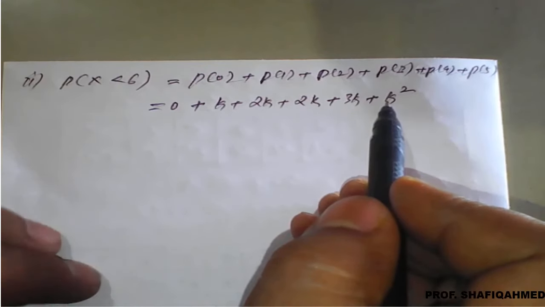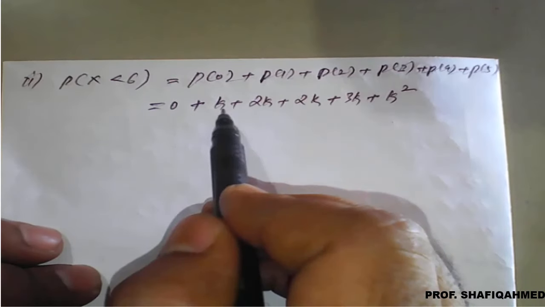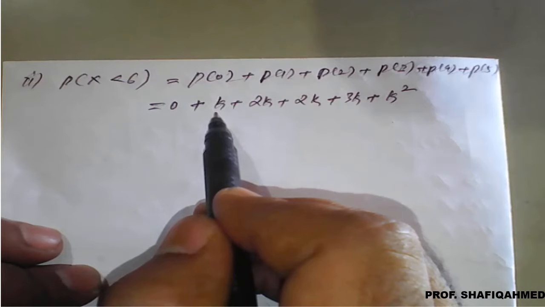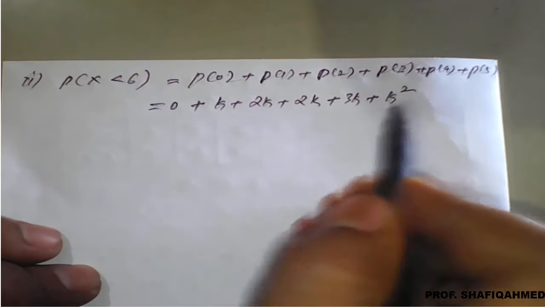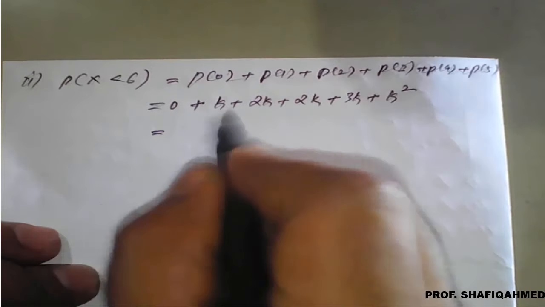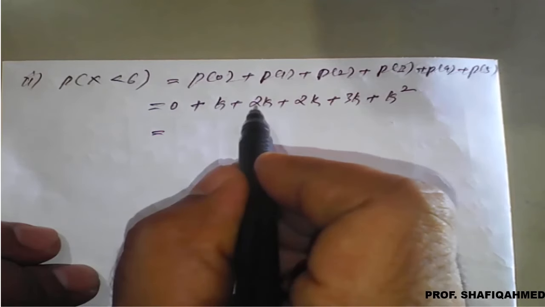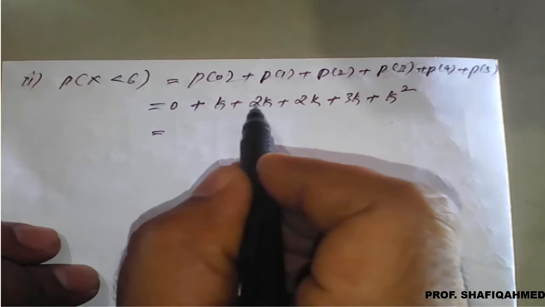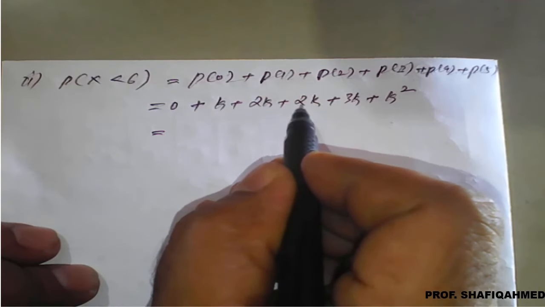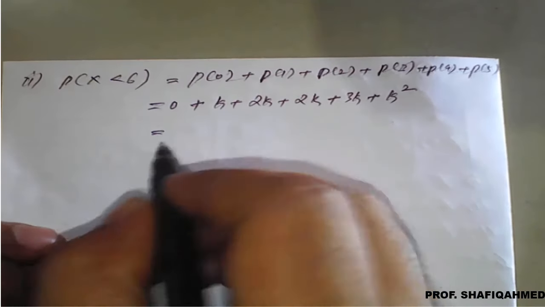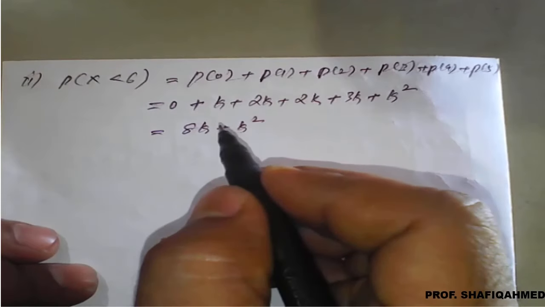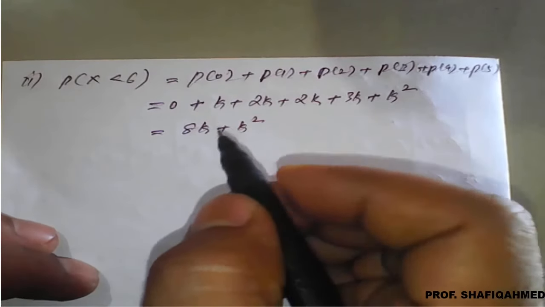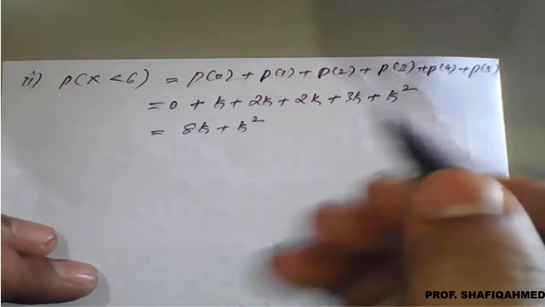You just refer to the table and write the answers for P of 0, 1, 2, 3, 4 and 5. On simplification, how many k's? 1, 2, 1 plus 2 is 3, 3 plus 2 is 5, 5 plus 3 is how much here? 8. So 8k plus k square. But we know the value of k.